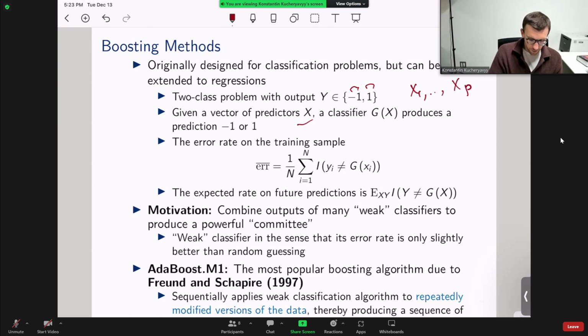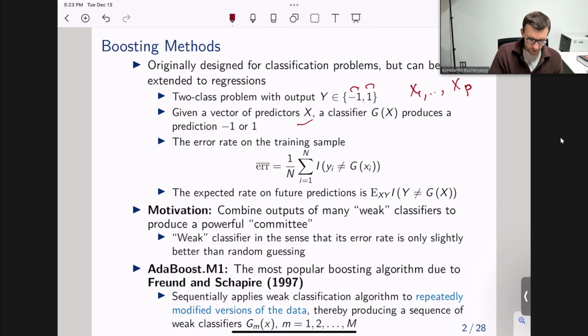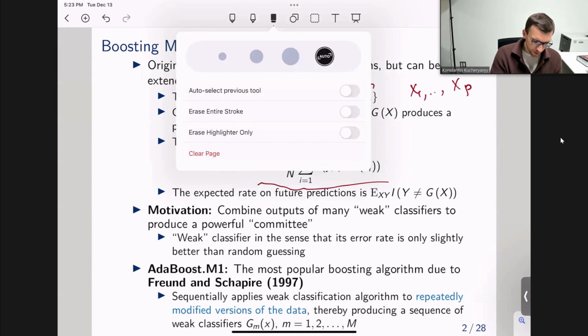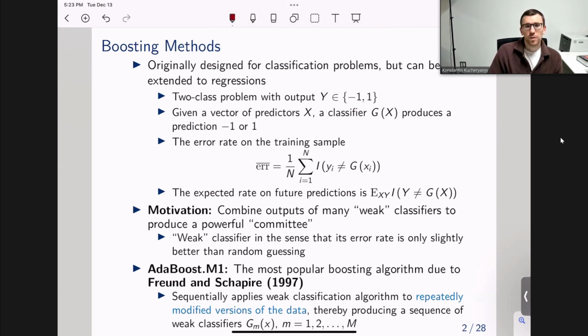Then the error rate is simply the number of misclassified observations. The motivation behind AdaBoost is to combine many weak classifiers to produce a powerful committee. A weak classifier here means that its error rate is only slightly better than random guessing.